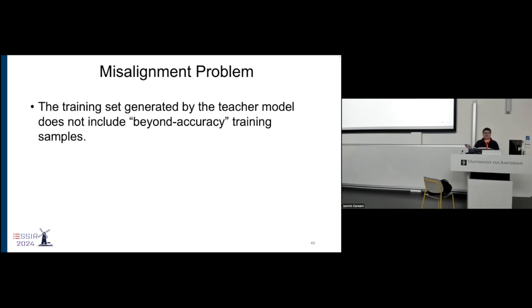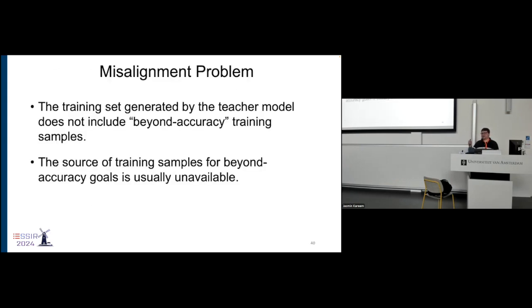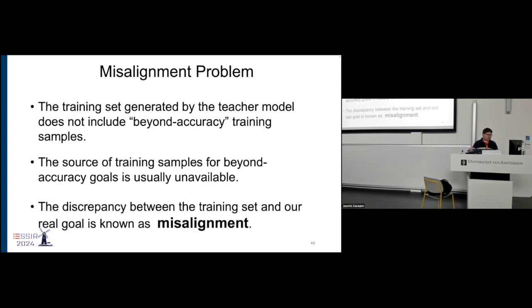So the idea here is the same as in NLP: let's train the model for a task for which it is easy to get training data, for example mimicking Petrov. And when we get a very good model for accuracy, let's fine-tune it a bit to make recommendations that are more aligned with our interests, but for which it is really hard to get training data. The problem in NLP is called misalignment.